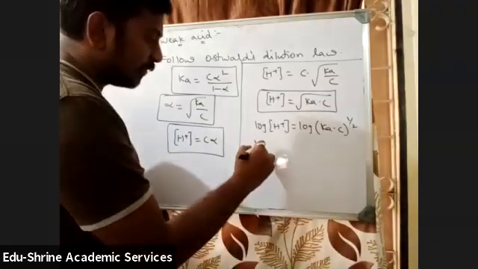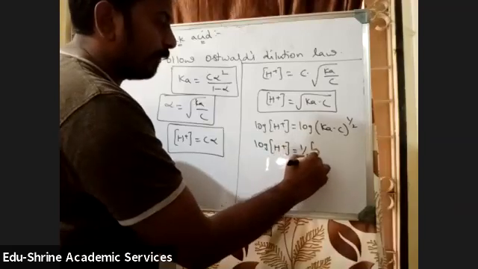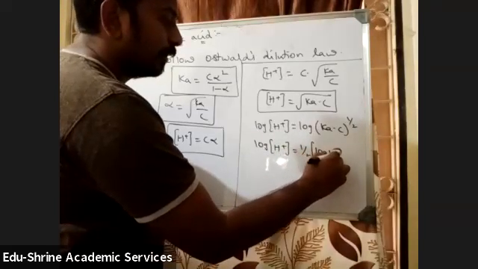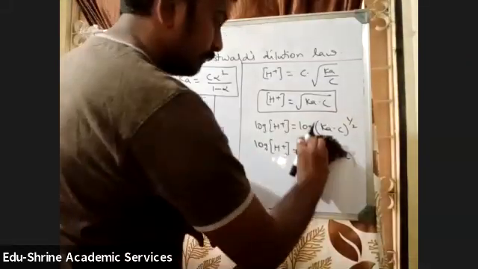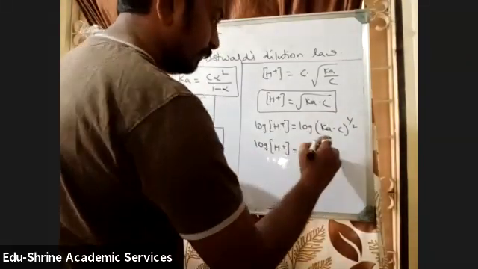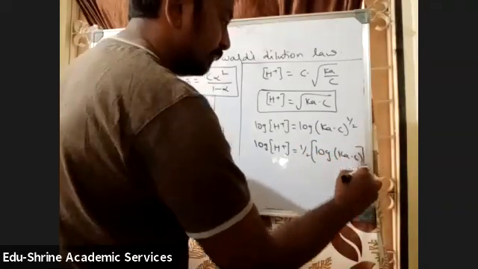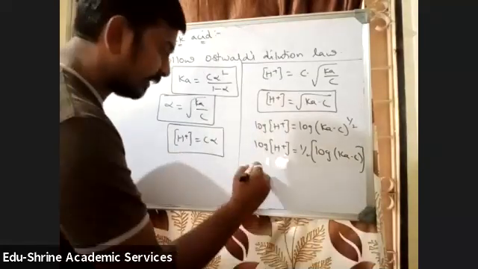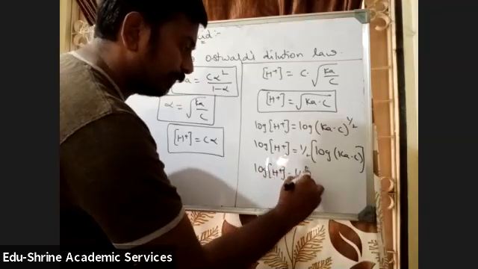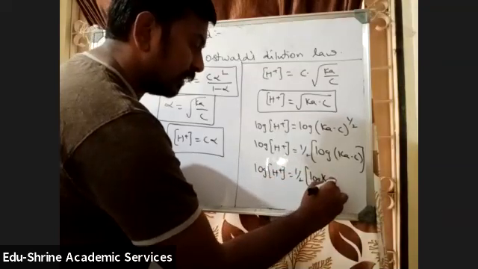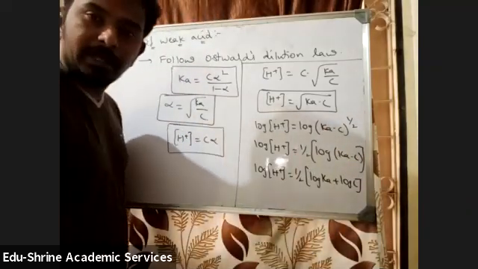So this becomes log H plus is equal to half into log Ka into C. Okay, na? So this I can write as log H plus is equal to half into log Ka plus log C.